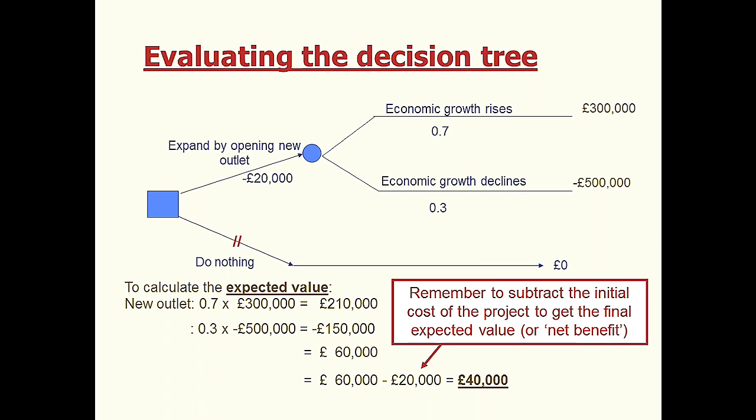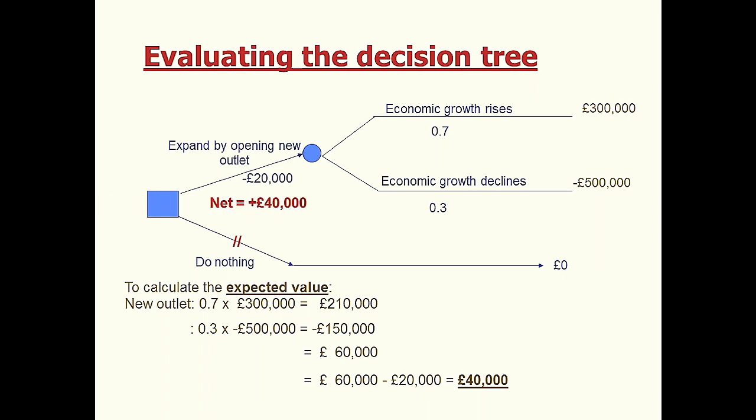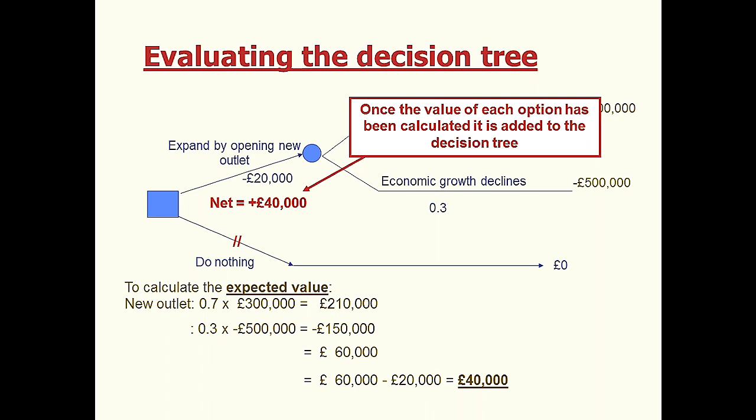So the net benefit of expanding by opening a new outlet in this scenario will be 40,000 pounds. Once the value of each option has been calculated, it is added to the decision tree.